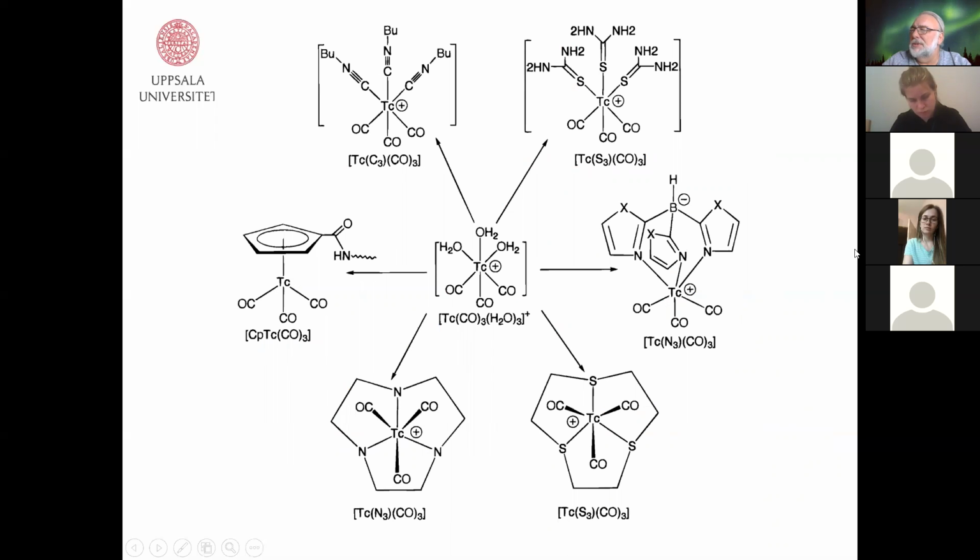So in all this transformation, the tricarbonyl remains bound to technetium, while water molecules can be substituted with a variety of ligands with very different donor atoms, including nitrogen, sulfur, and oxygen-containing moieties.